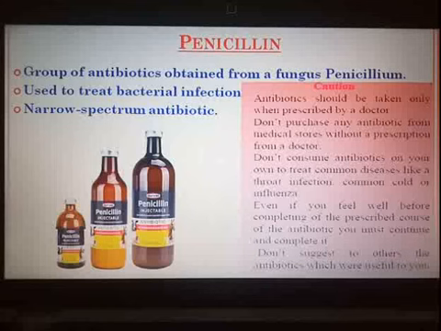So we will take an example. 100 viruses have attacked. Doctor has given 3 dosages per day, multiplied by 2 days, so 6 dosages. You have taken only 2 dosages. Out of 100 viruses, 50 have died, 50 are killed. So you might start feeling better and discontinue the course. What happens?